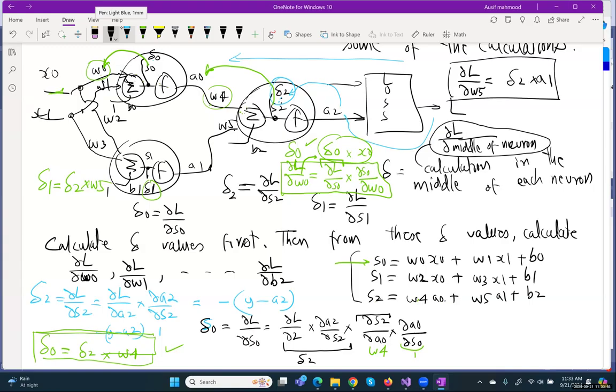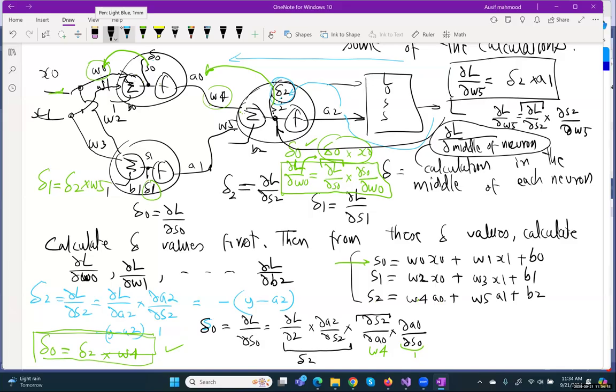So let's confirm it. Partial L over partial W5. One way to think about it is this will be from here to S2. Partial L over partial S2 times partial S2 over partial W5. And what is partial L over partial S2? What's the definition of that?